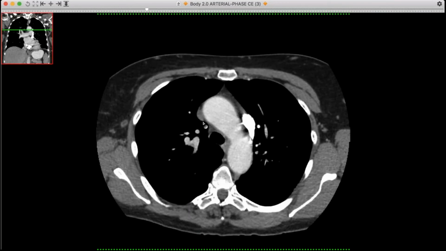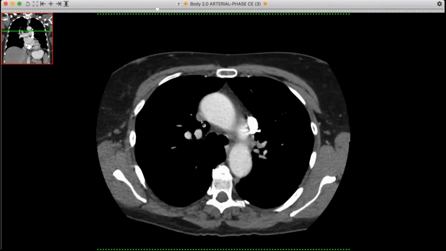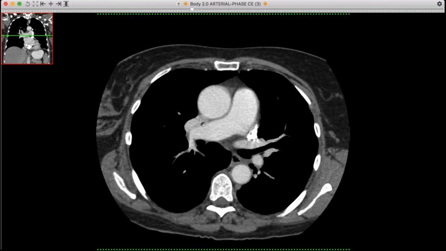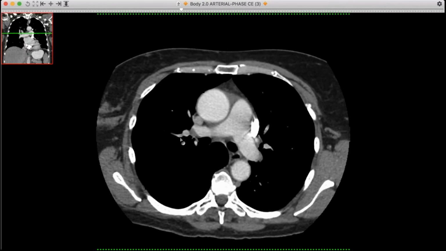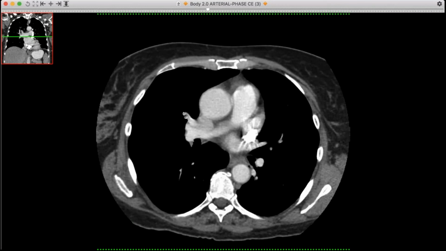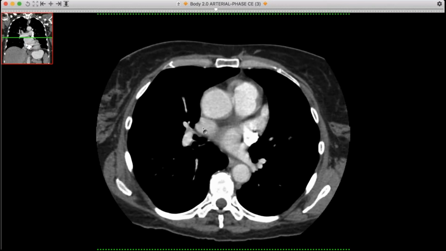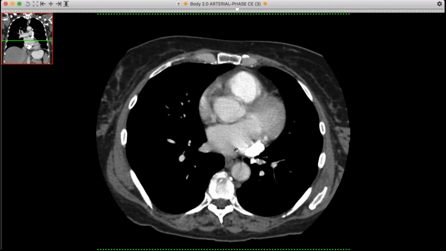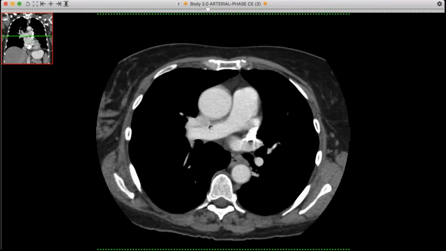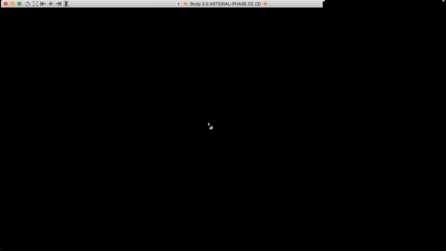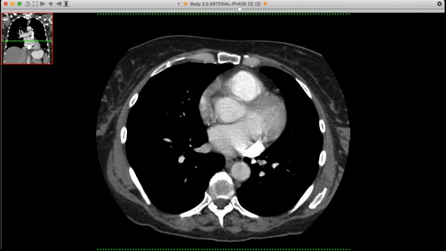But the history tells you that something's not right on this right side. What we can see is there's the pulmonary artery, there's the SVC. But as we come down, we start seeing this vein right here. So we have a superior pulmonary vein that drains into this SVC, and then another branch coming from the anterior portion, and that connects directly into the left atrium. This anomalous venous drainage is frequently associated with a sinus venosus type ASD, but in this patient there was none.